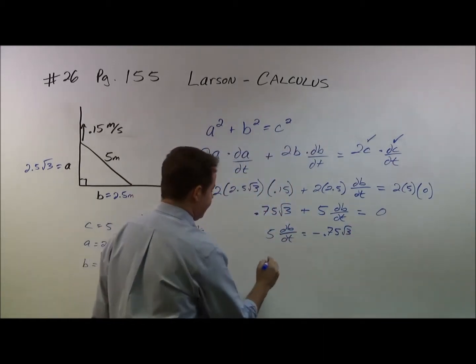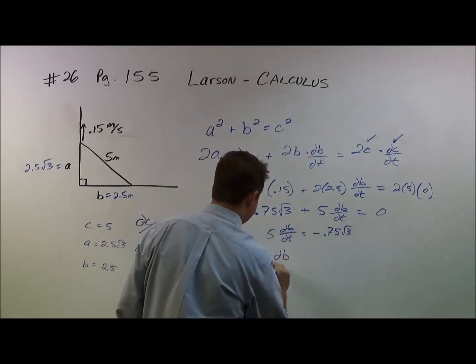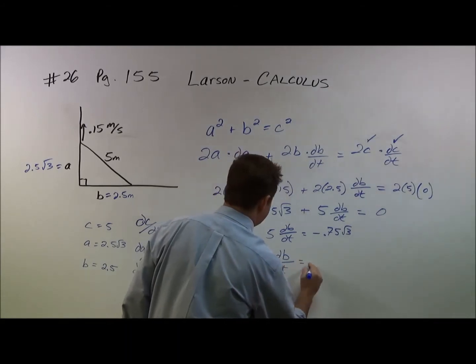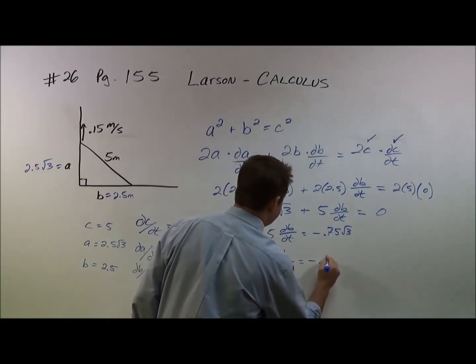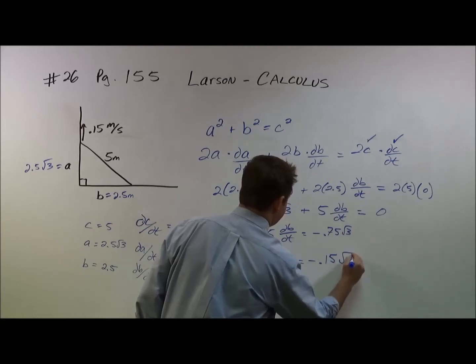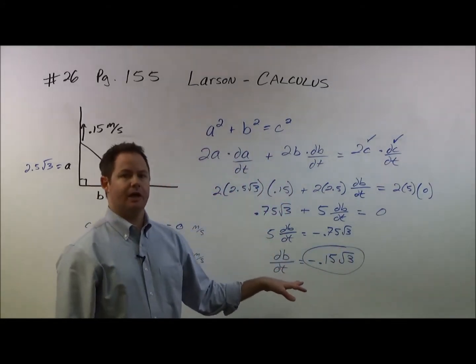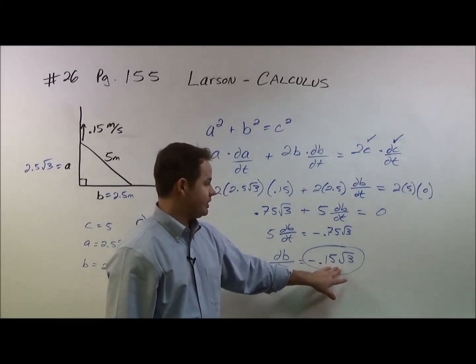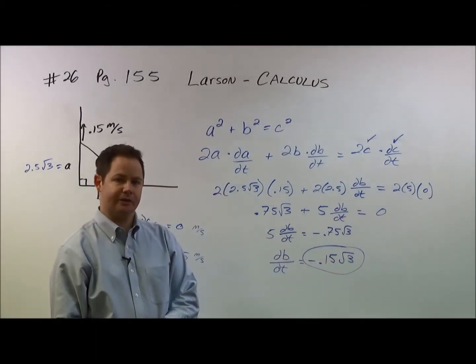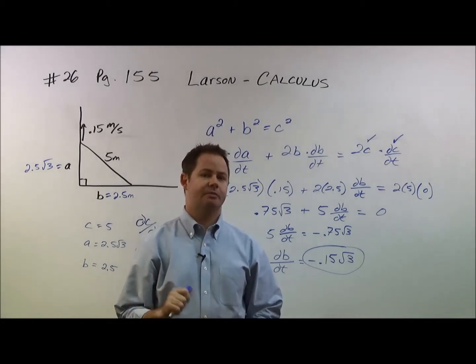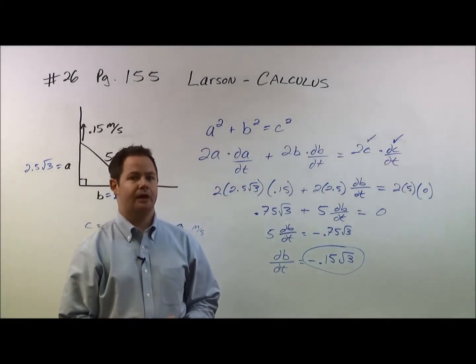If you divide by 5, then you're left with dB/dt equals negative 0.15 times the square root of 3. If you need a more accurate decimal approximation of what that comes out to when you multiply on your calculator, then we'll have that posted on the blog with the link shown here.